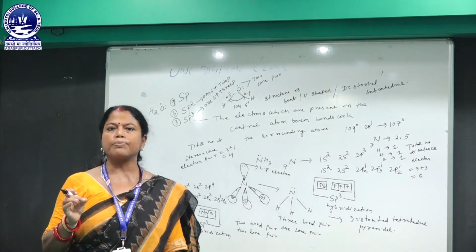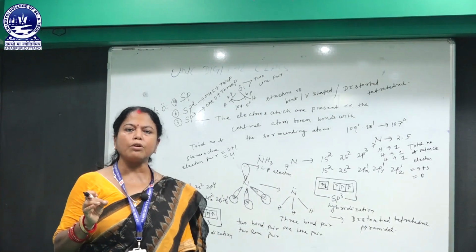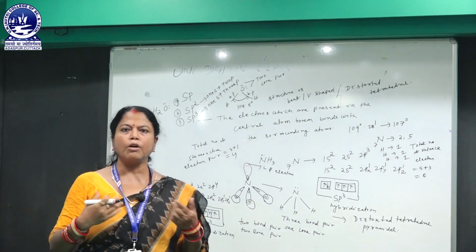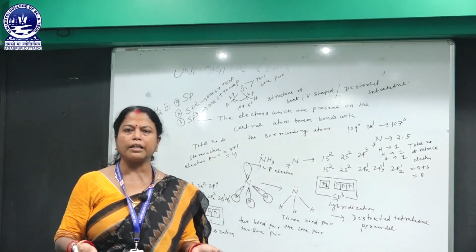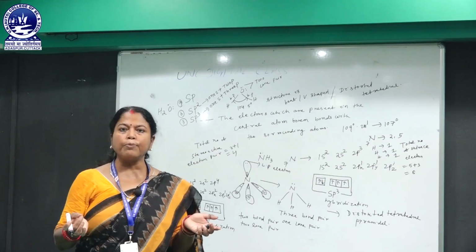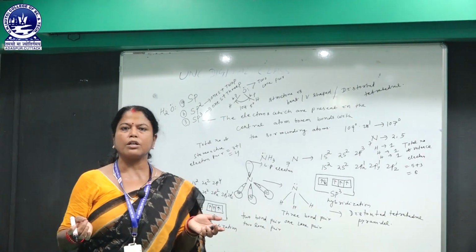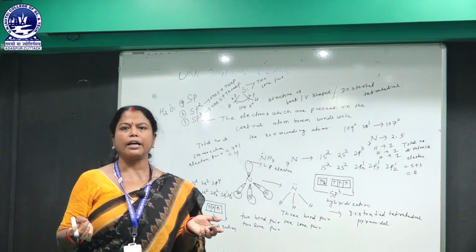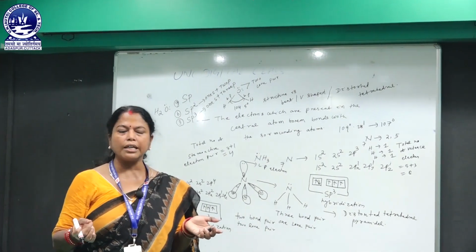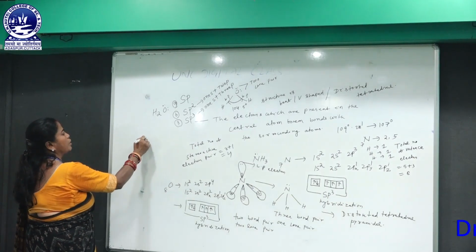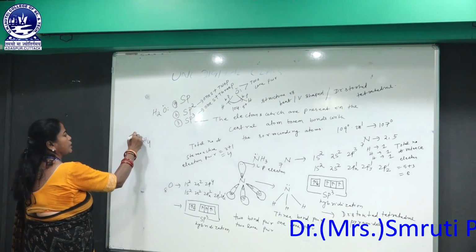Then coming to sp3, 1s and 3p intermix to form 4 sp3 hybrid orbitals. An example of sp3 hybridization is the methane molecule, a saturated hydrocarbon. In the methane molecule, CH4, the central atom is carbon.